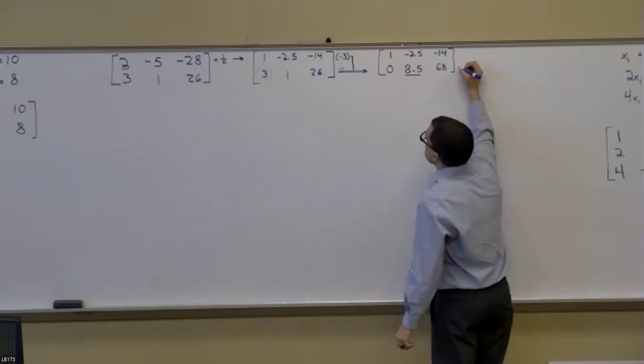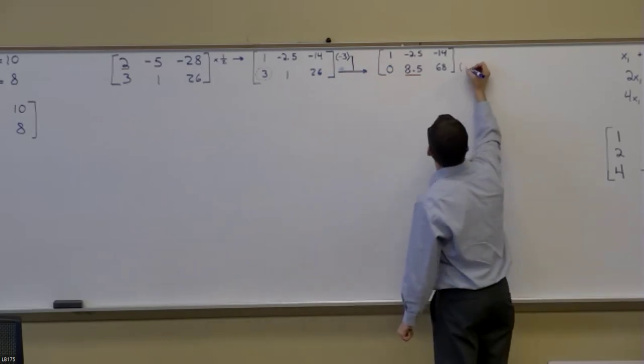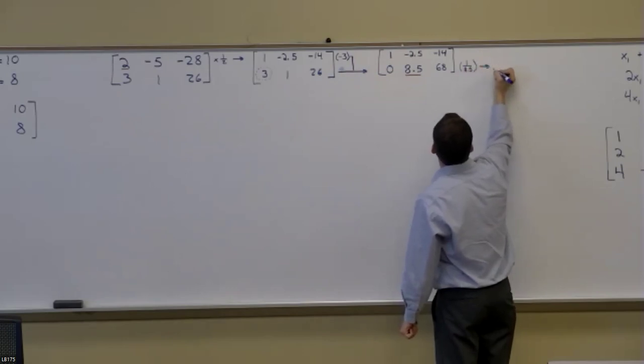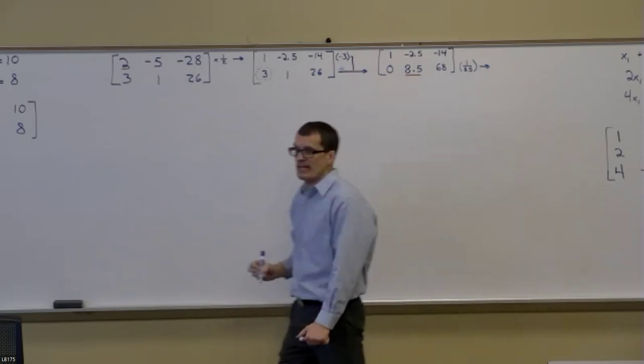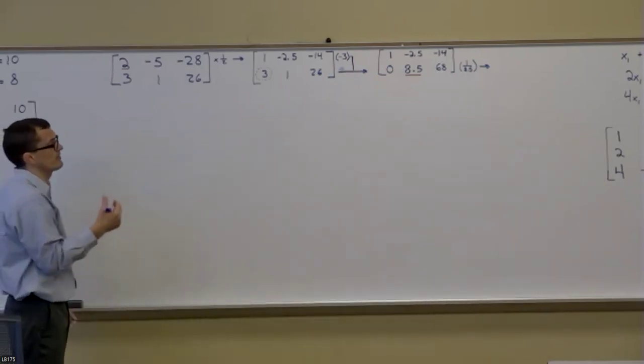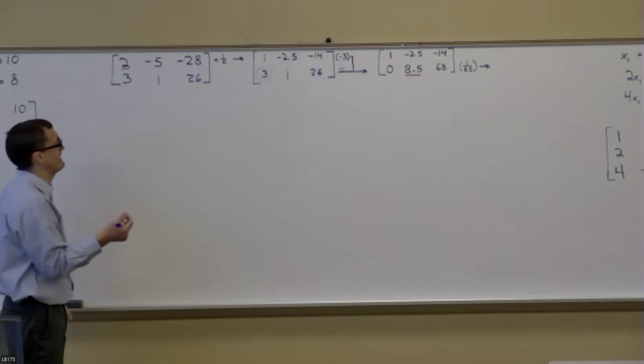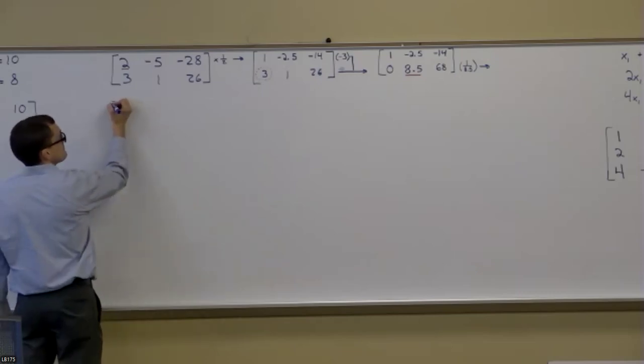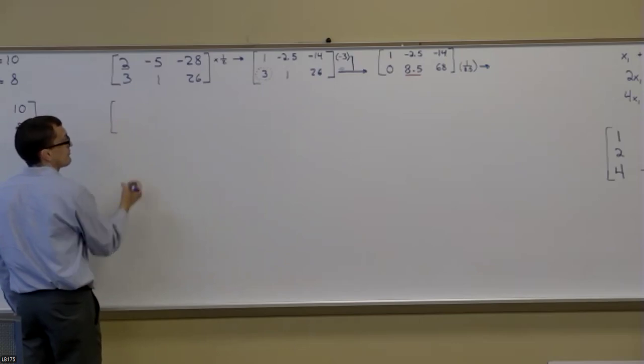So I'm going to multiply by 1 over 8.5 and replace that second row with whatever I get by multiplying each entry by 1 over 8.5.